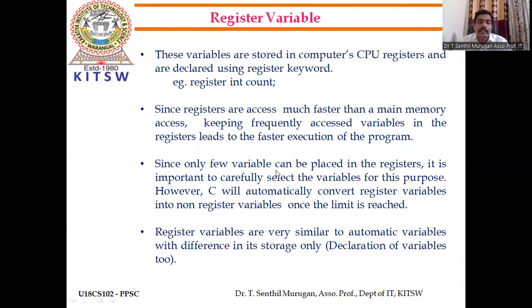It is easy and much faster also. But the thing is, only a very limited number of variables can be stored in the register. We are not able to store more values. If there is no space in the register, then automatically it will be stored in RAM. Okay, so it takes the storage class automatic. By default it will change to it.